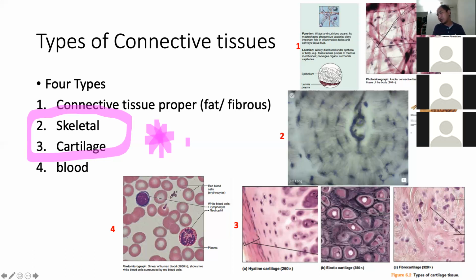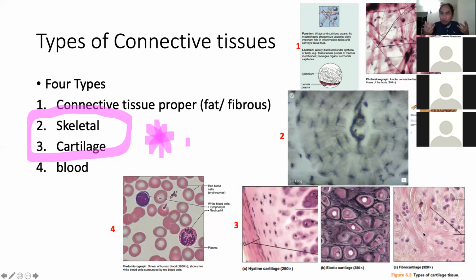Fibrocartilage is a tough structure, like the meniscus we saw, and like the cartilage wrapping the pubic symphysis together. Fibrocartilage is very tough and strong, and therefore it needs very dense collagen fibers, so you can easily see them on the histology slide.